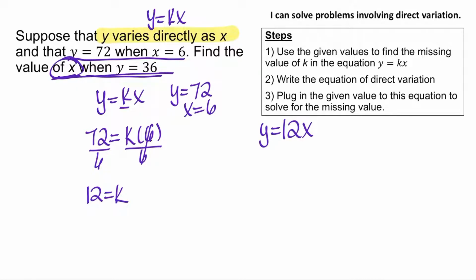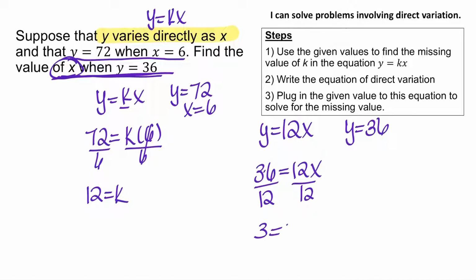I can use this to find the value of x when y equals 36. I'm going to plug in 36, and I have 36 equals 12x. I can solve for x by dividing both sides by 12. 36 divided by 12 is 3, and I have 3 equals x, which is my final answer.